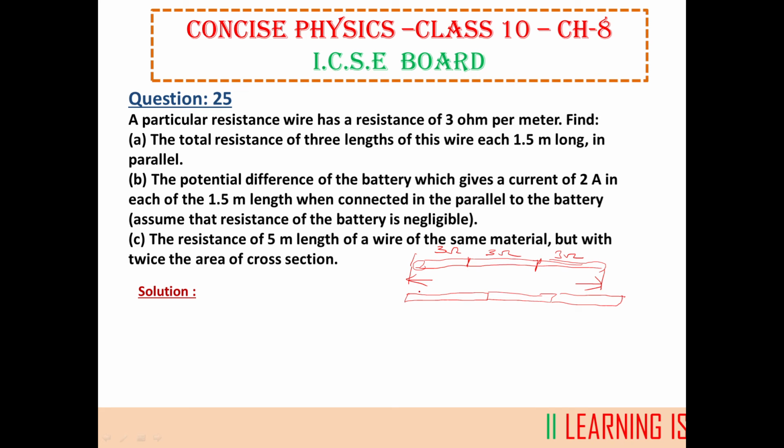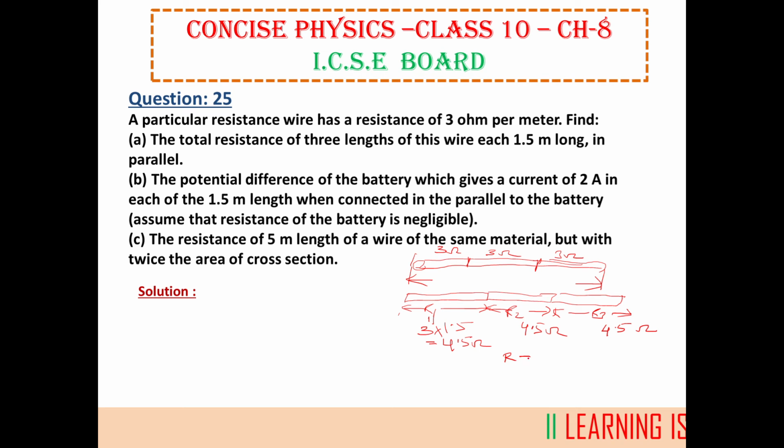So here the resistance R1, R2, and R3. R1 will be equal to 3 into 1.5, means 4.5 ohm. Similarly R2 will be 4.5 ohm and R3 will be 4.5 ohm.